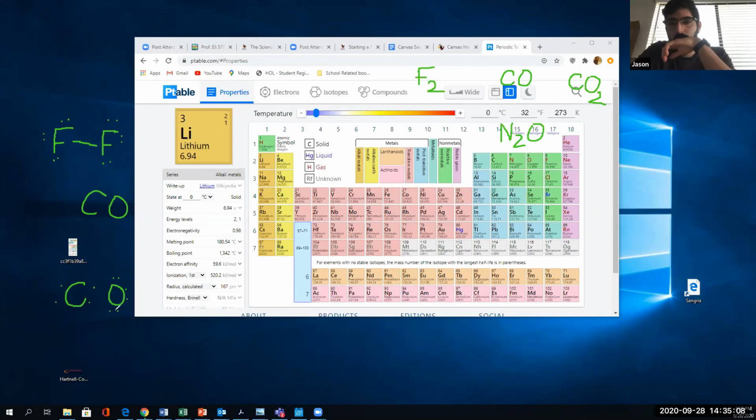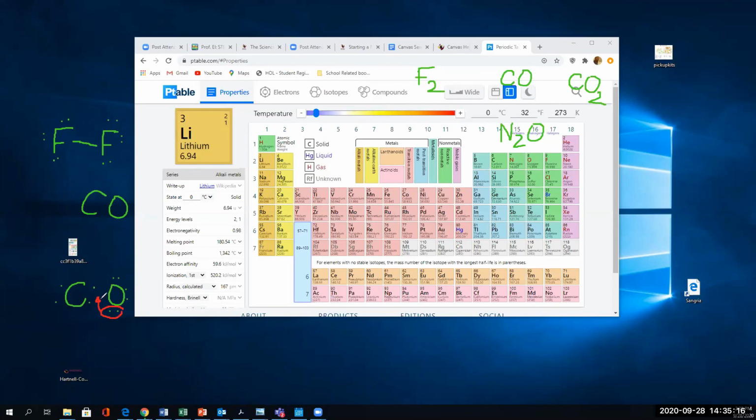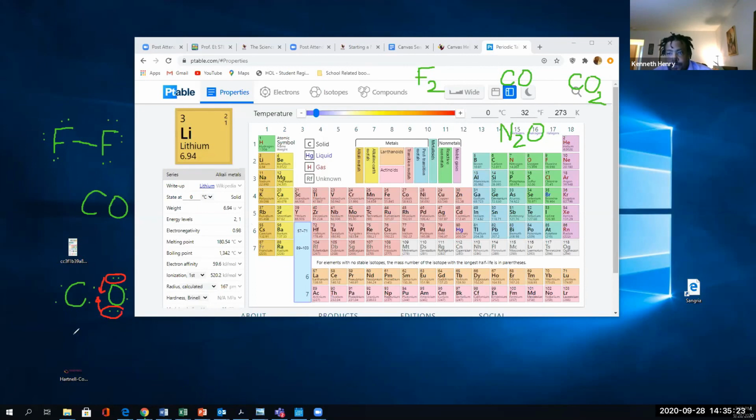They're going to have to share 6. Okay. So we'll get, then of course, these 2 here. So we'll get a triple bond. Okay. Piece of cake. Yep.